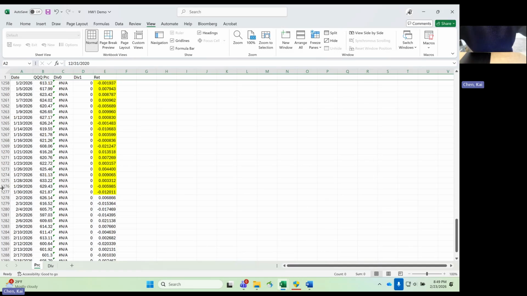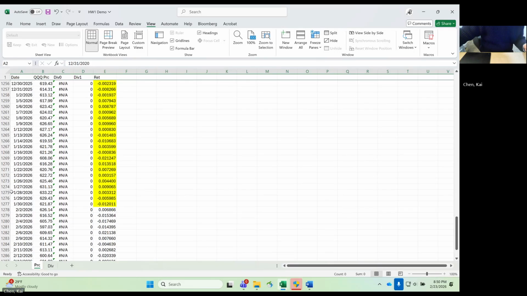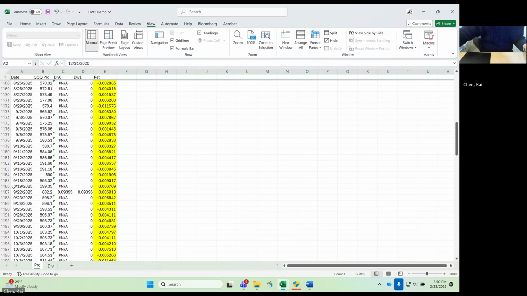I'm going to write this number down. The last row is 1277, and the first row is 1126.